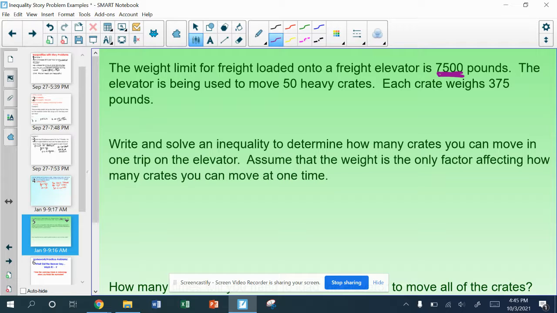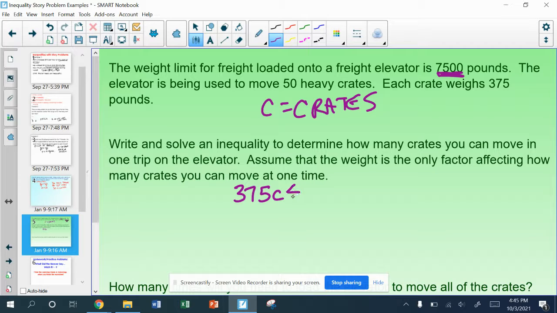So for our variable, what we're really trying to figure out is how many crates can be moved each time. So we're going to say that C is going to be the number of crates. So it is 375 pounds for each one of those crates. And it says that the weight limit is 7,500 pounds, which means technically we could use exactly 7,500.